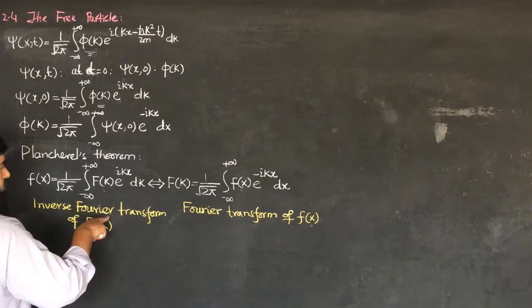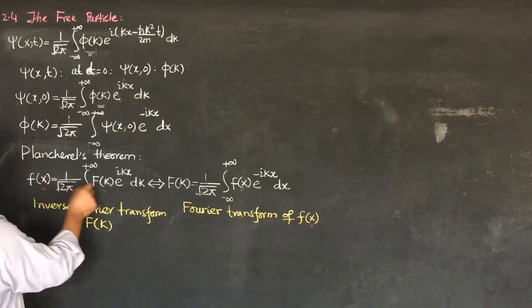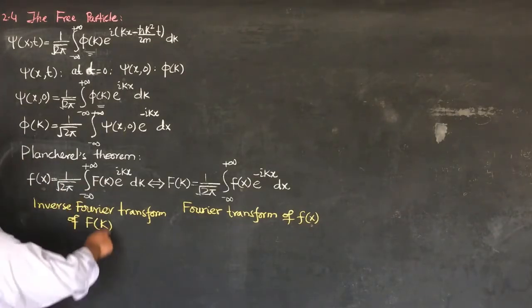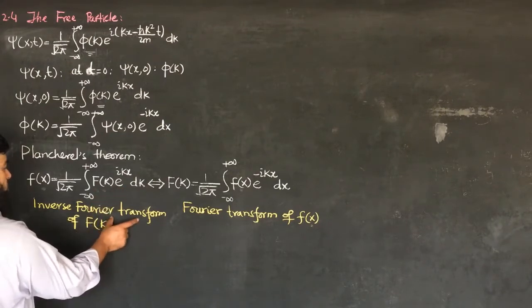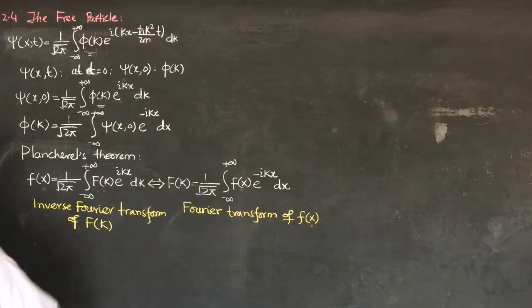because our f(x) is in the real space while F(k) is in the k space. In k space we deal with the Fourier transform, while in x space, the real space, we deal with the inverse Fourier transform.